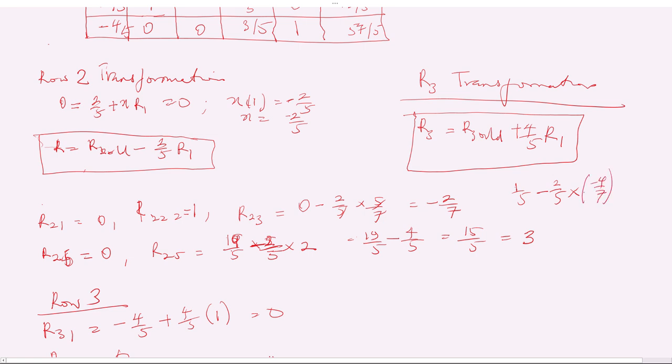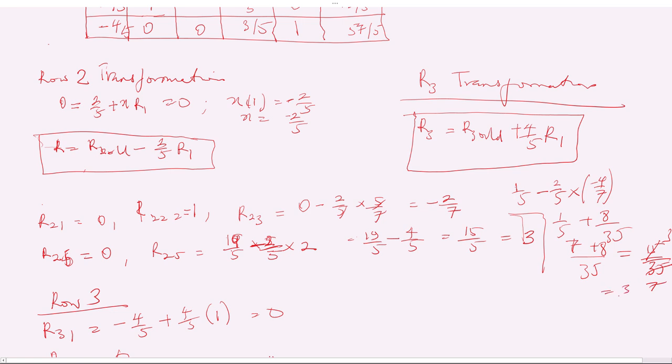So this is 1 over 5 plus 8 over 35, right? So this is 35. 5 here, 7 plus 8. This is 15 over 35. 5 here, 3. 5 here, 7.